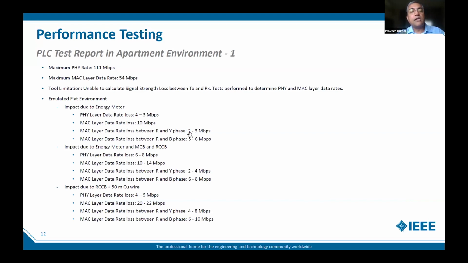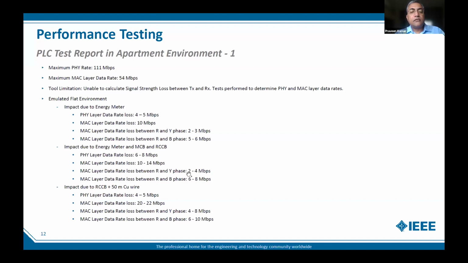When we tested with R and R, compared to R and Y there was another 2 to 3 Mbps loss, and R and B, there was a further 5 to 6 Mbps loss. Similarly with energy meter, MCB and RCCB, there was a further loss of 6 to 8 Mbps.